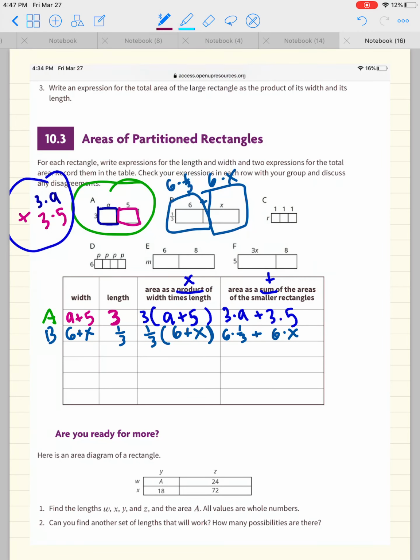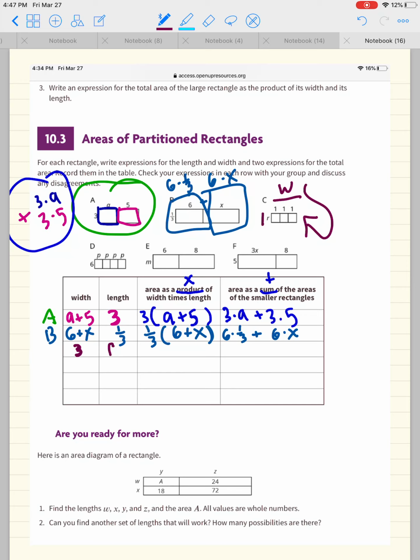Okay, I'm going to do one more with you guys, and then I'm going to let you try the rest on your own. So if you're looking at C, we have a length of R and a width of 3, or 1 plus 1 plus 1. So R is just going to go here, and then we're going to have 3 here, because 1 plus 1 plus 1 is 3.